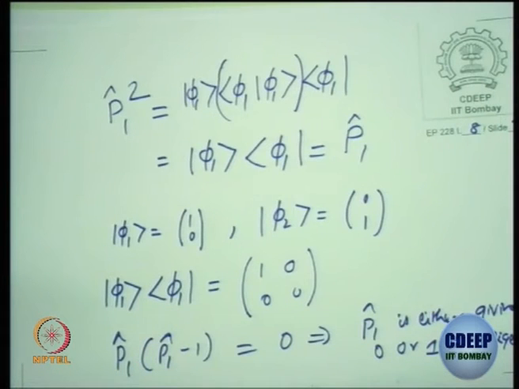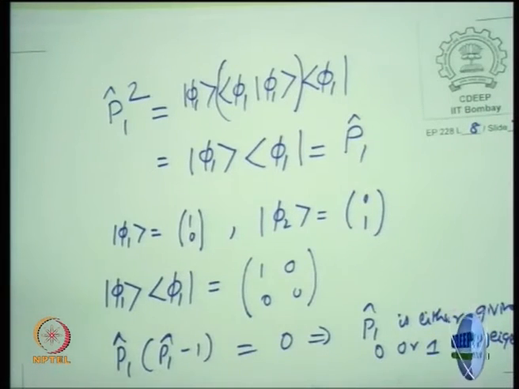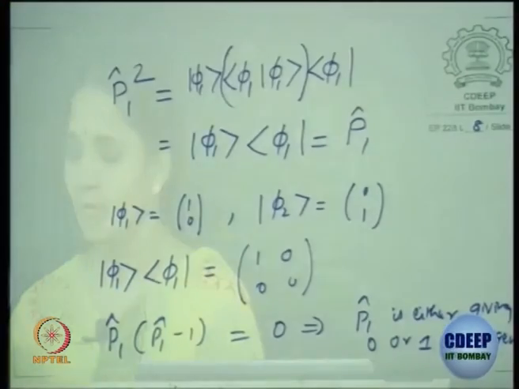So, this is a product of two operators, and this condition tells me that P1 is 0 or P1 is equal to 1, that is all I am trying to say. And it should also satisfy P1 squared equal to P1. With these constraints, these are the only possibilities. Okay. So, that is the beauty of this projection operator.